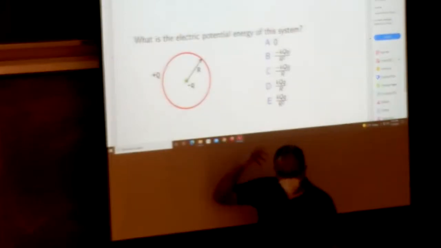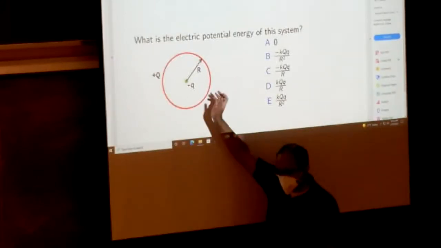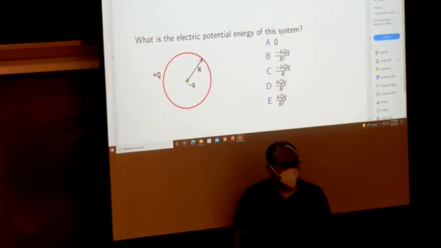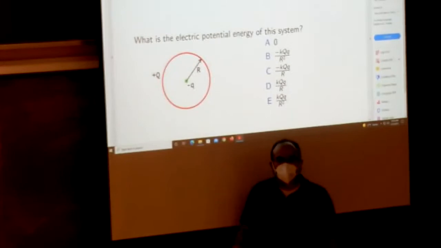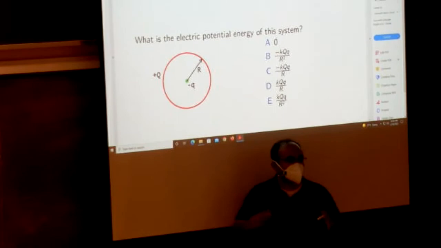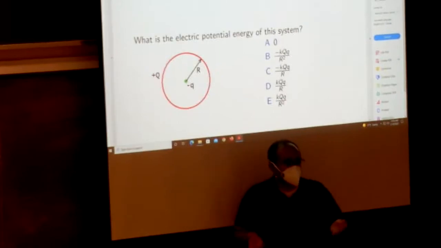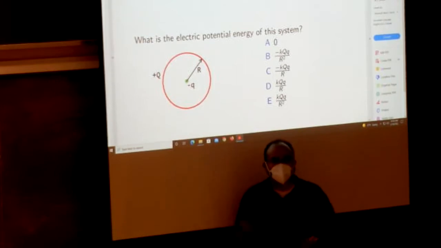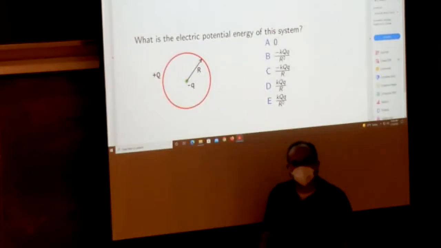What I'm visualizing is I had the ring already, and then I brought in this negative point charge, right? What energy is stored, considering each of these as their own entity, and not worrying about how much energy it took to form the ring. You're correct. There would have been some potential energy stored in the ring when I formed it because it's repelling itself. But that would be a pretty complicated thing to figure out.